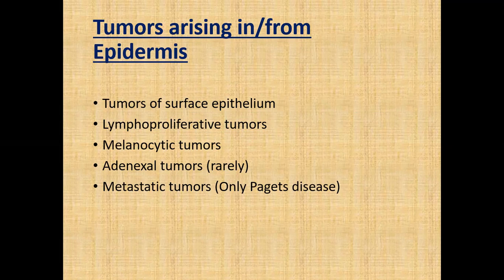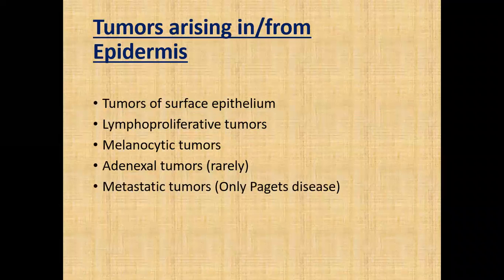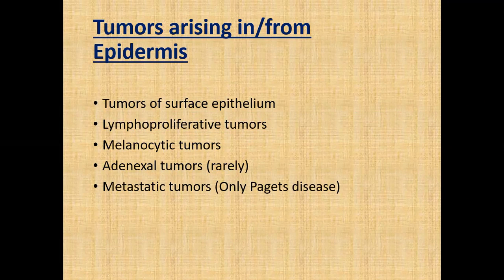And a few of the adnexal tumors, primarily those which originate from the acrosyringium, that is the secretory portion of the eccrine duct, may be seen within the epidermis. Then among the metastatic tumors, only the Paget's cells or Paget disease is seen infiltrating the epidermis.